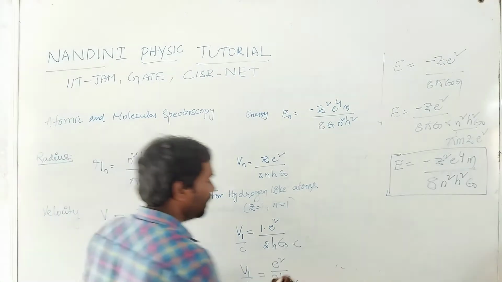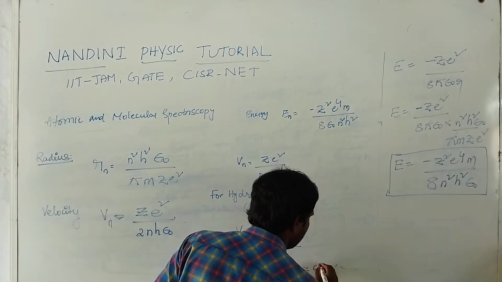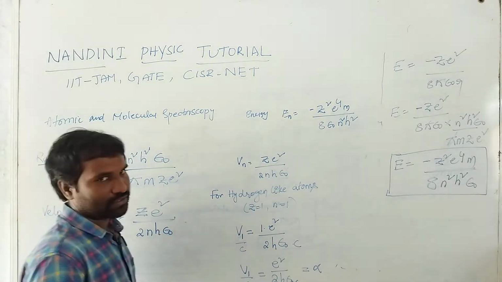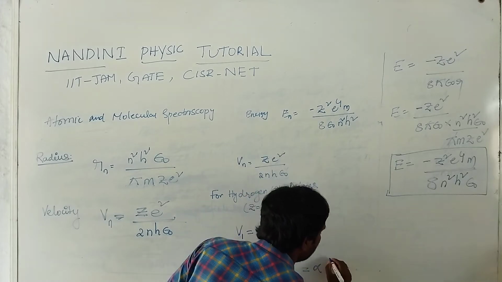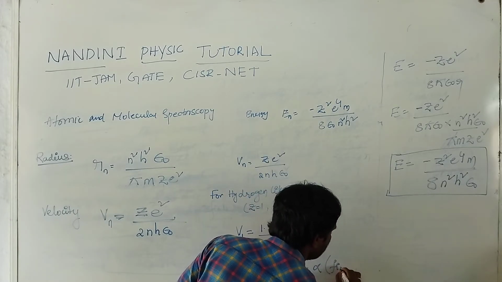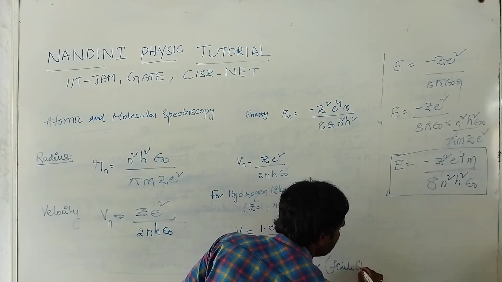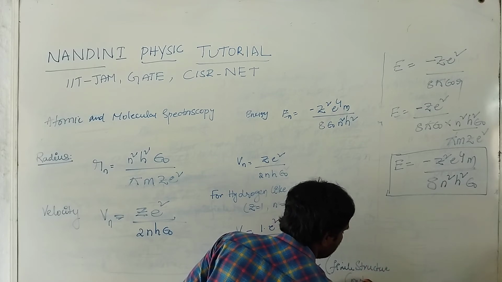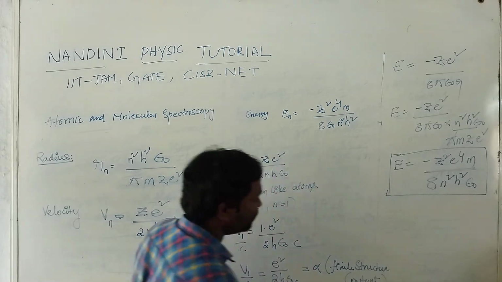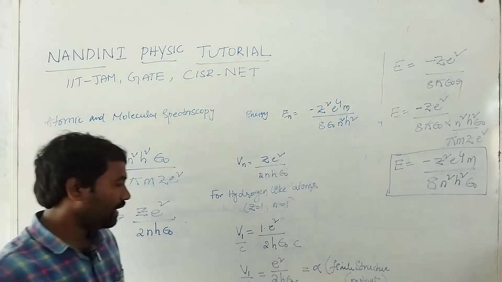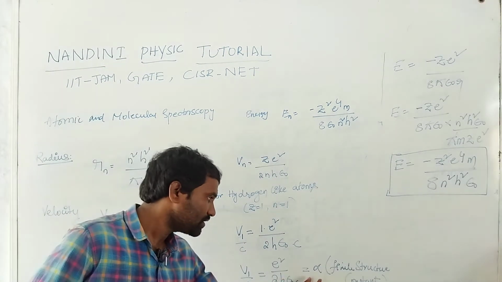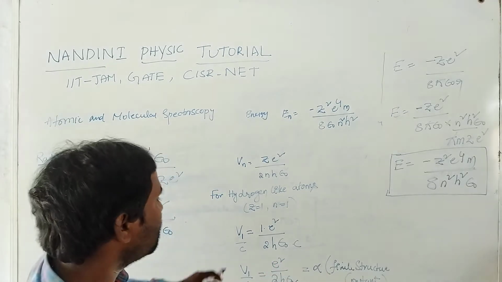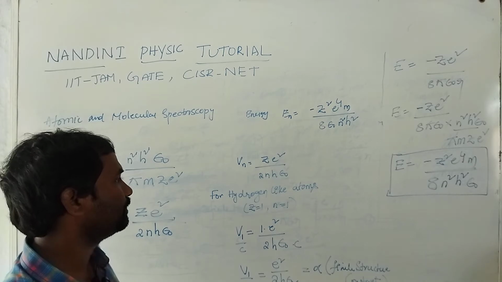This is nothing but alpha, and this is called the fine structure constant. So alpha is equal to e square by 2 epsilon naught hc. This is the fine structure constant.